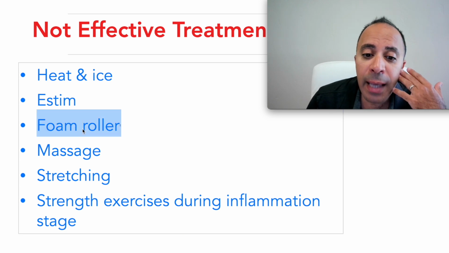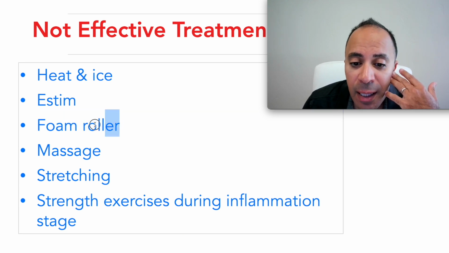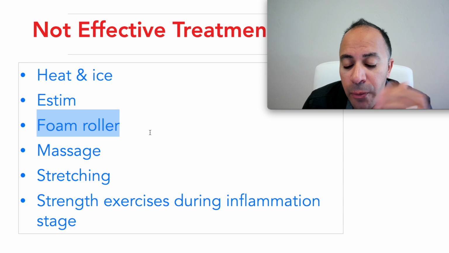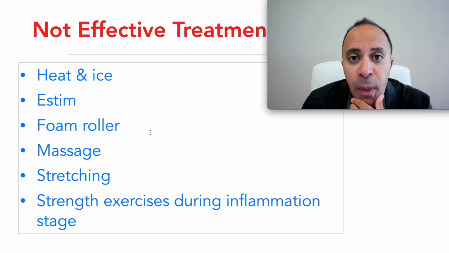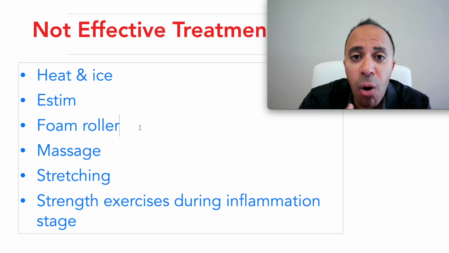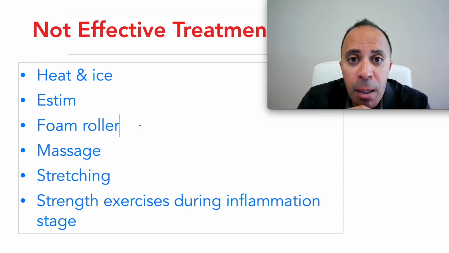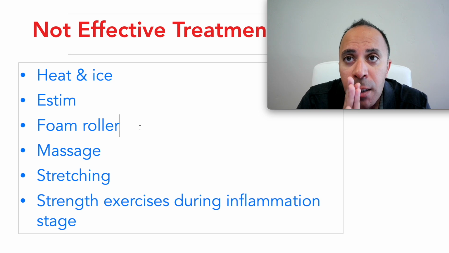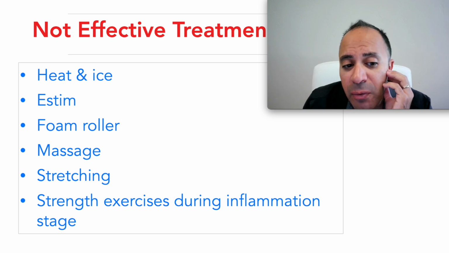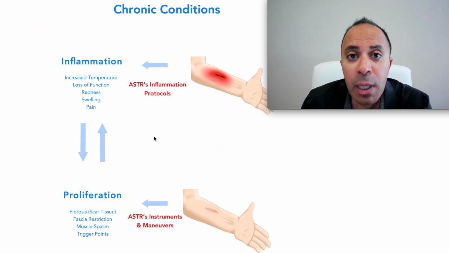The other thing that's been used in physical therapy with a lot of athletes is the foam roller, which is rubbing over the back or the piriformis muscle. The problem with the foam roller is that if you have inflammation, you're going to inflame it more.